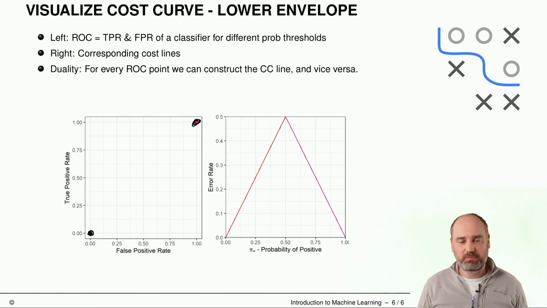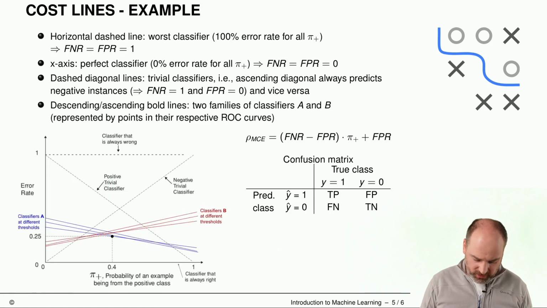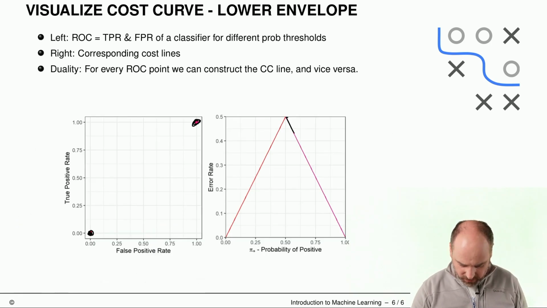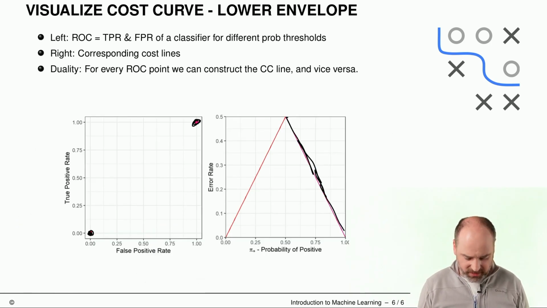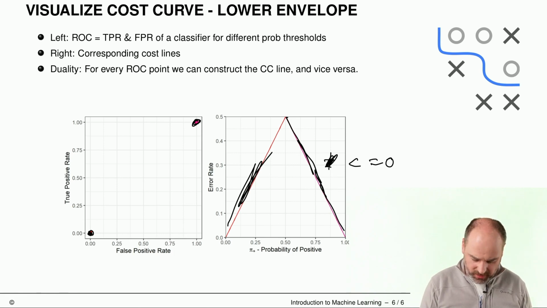So systems that always predict a 1, so that are totally liberal in terms of predicting the positive class, that would be if we threshold at 0. And let's check that again, right? So this guy would be, we threshold at 0, and this guy here, I think we had a C for threshold, right? So this would be C equals 0, and this would be C equals 1.